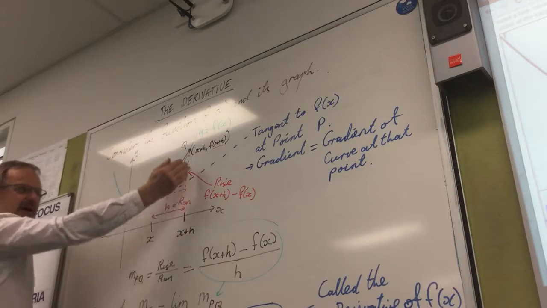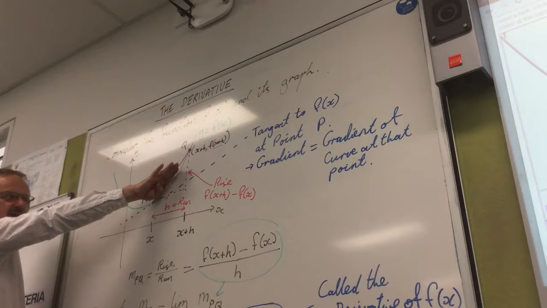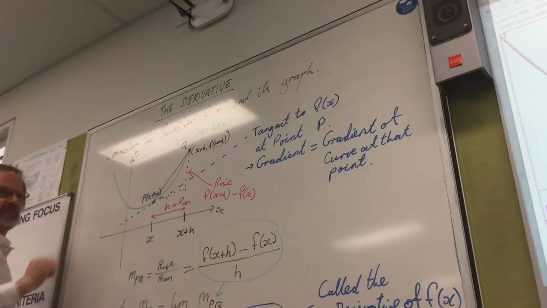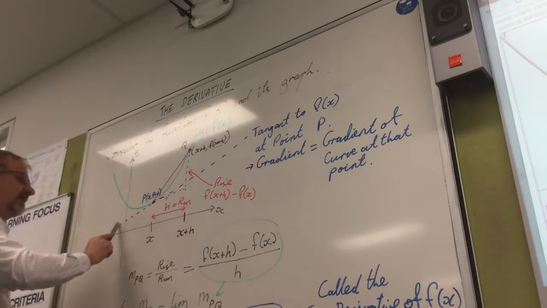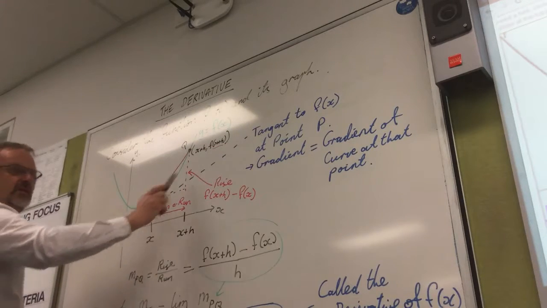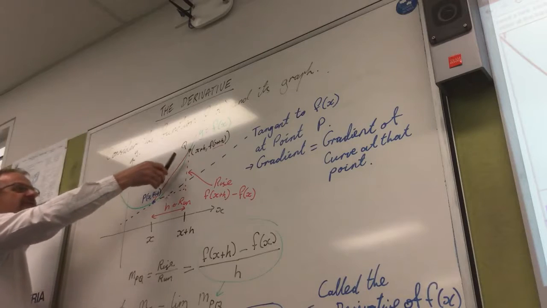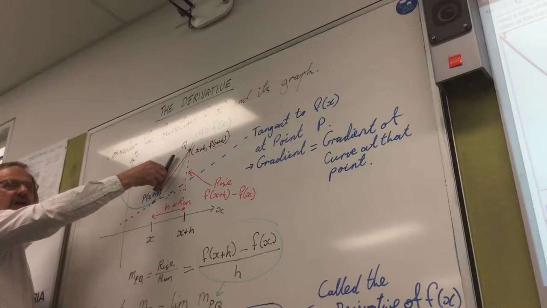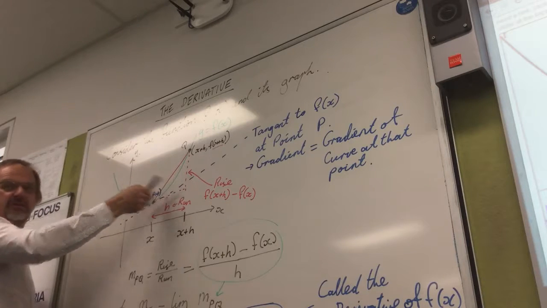As my h gets smaller, this point comes down, down, down, and so the gradient of that line gets closer to the tangent. Are we trying to find the line between P and Q? What we're trying to find is the gradient of this blue line. Wait, I thought we were trying to find the gradient of the red line. Same. We're using the gradient of the red line to find the gradient of the blue line.